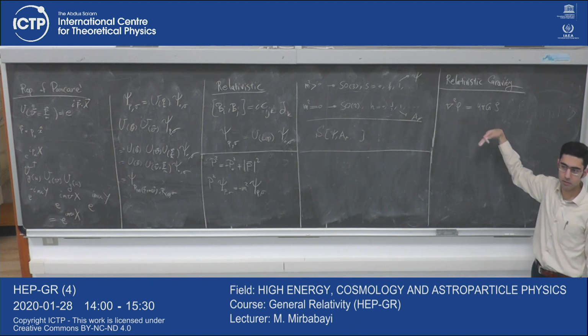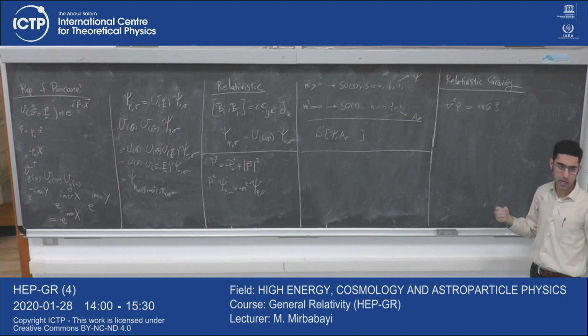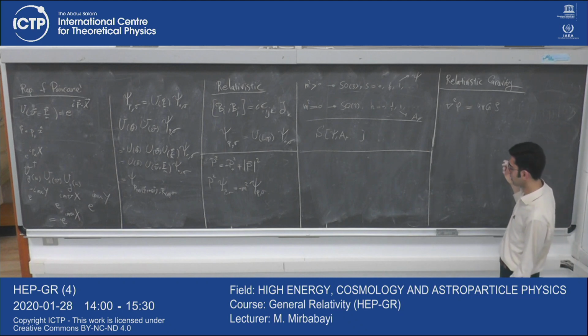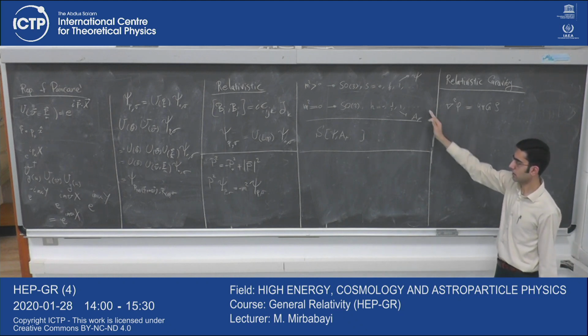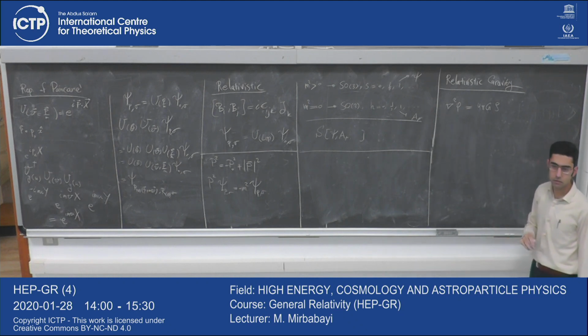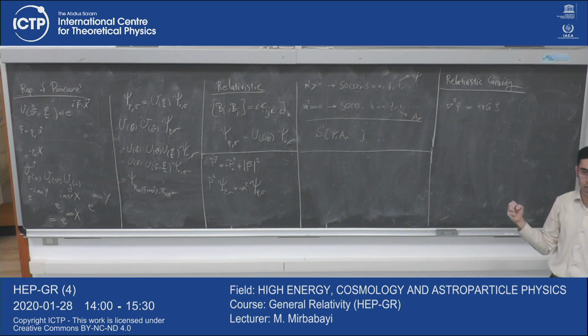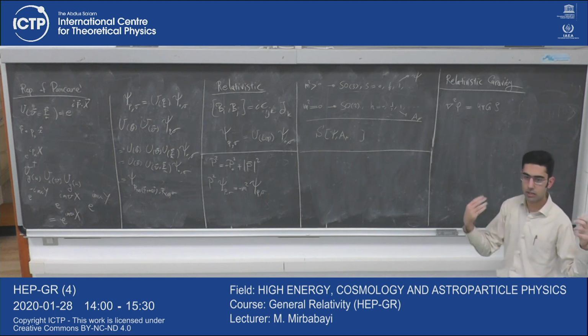We want to come up with a relativistic version of gravity, and in a relativistic theory, what we understand is that if we want to have forces between particles or between two sources, those forces have to be mediated by some other particle.